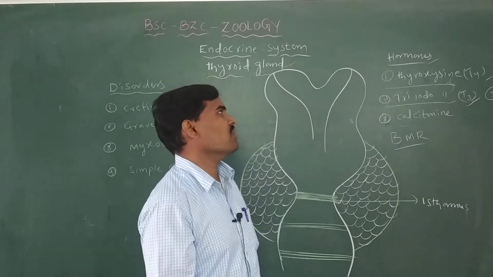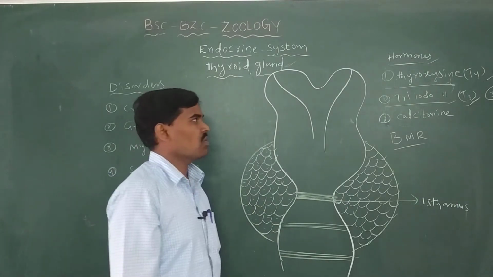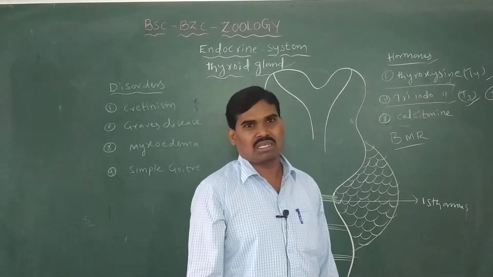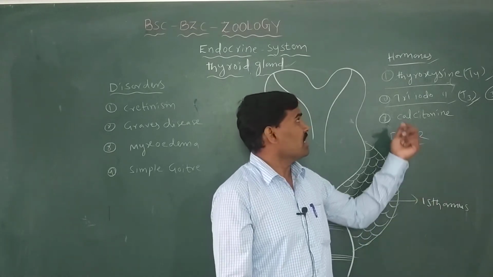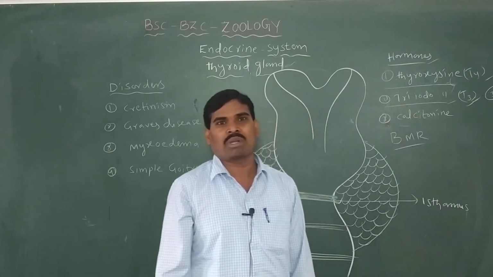So a number of metabolic activities are controlled by the thyroxine hormones. Deficiency of thyroxine causes a number of disorders.